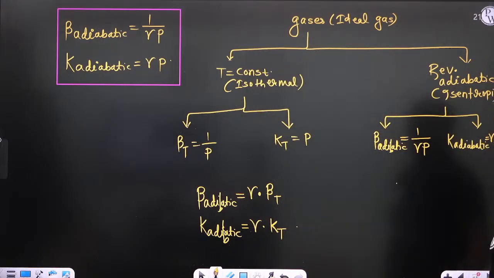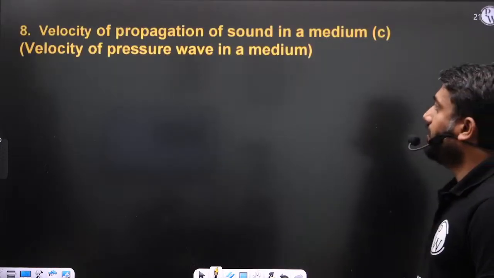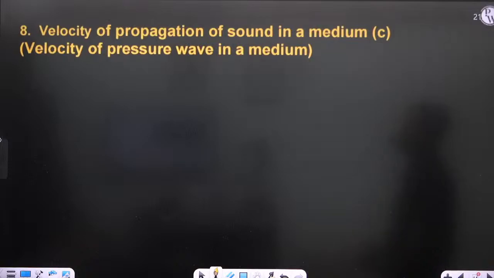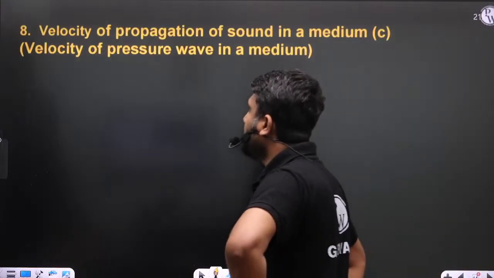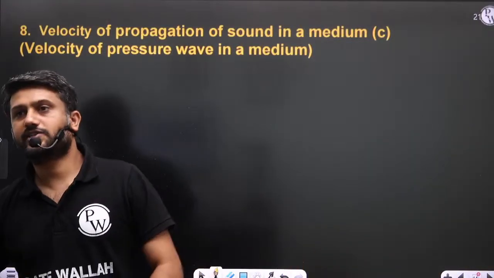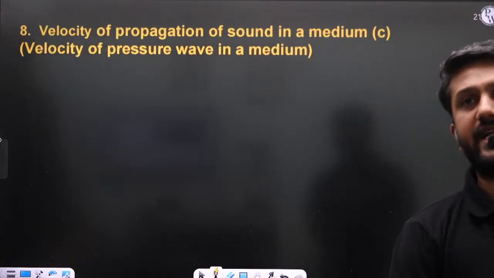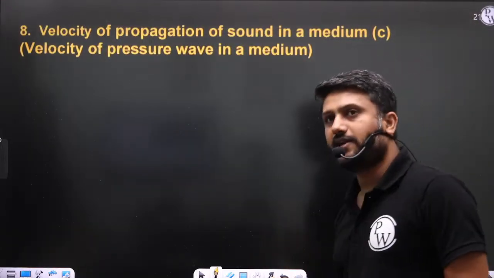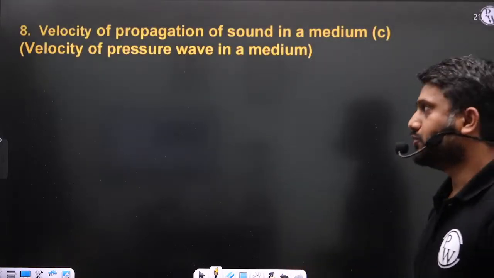Now come to the next property. The next property is velocity of propagation of sound in a medium, or velocity of a pressure wave in a medium. Whatever the velocity of sound in a medium, the same is applicable for the pressure wave also.